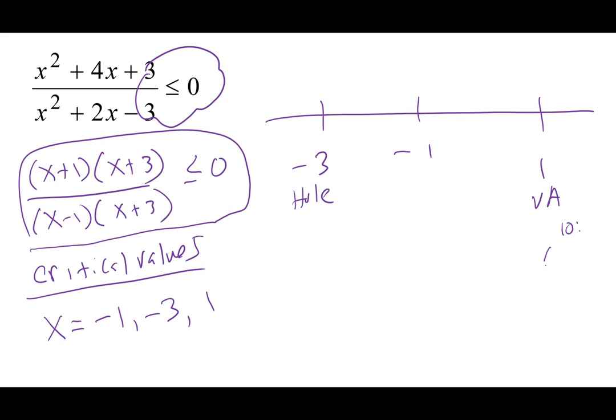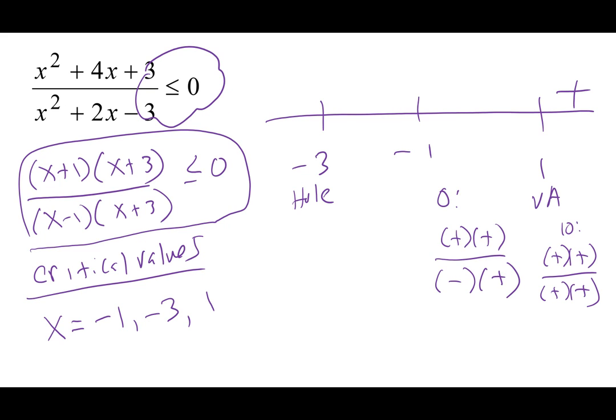So if I test 10, I'm going to get a positive times a positive, and then positive in the denominator. You're going to get a positive. Then between negative 1 and 1, I choose my old friend 0. That's going to give me positive over negative positive.